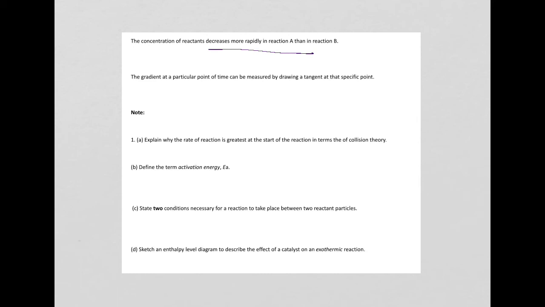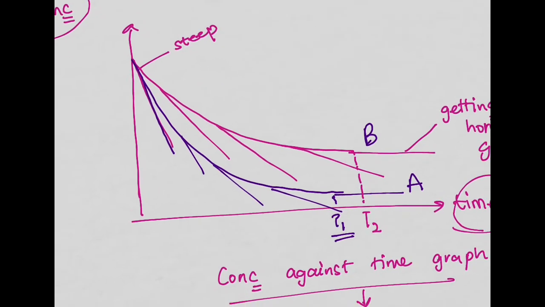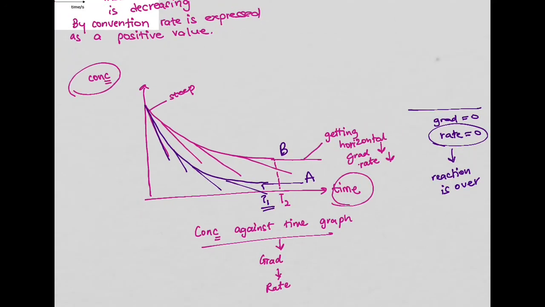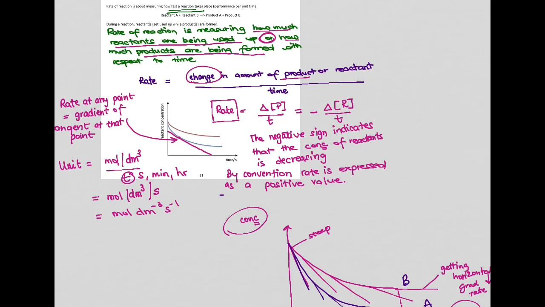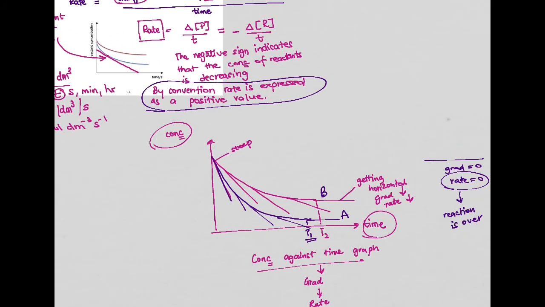Now, if you look at the graph here, because the concentration is decreasing with time, if you calculate the gradient you will get negative values. But, like I said, as a convention, rate is always expressed as a positive value. Even if the concentration of reactants is decreasing with time, the rate would still be expressed as a positive value, because when we're talking about rate, we don't distinguish between whether the product is increasing or the reactant is decreasing.